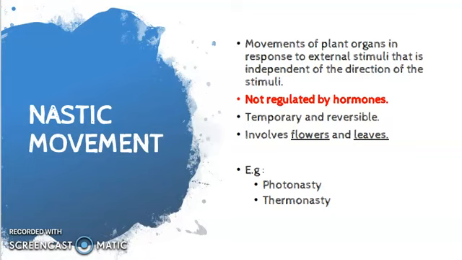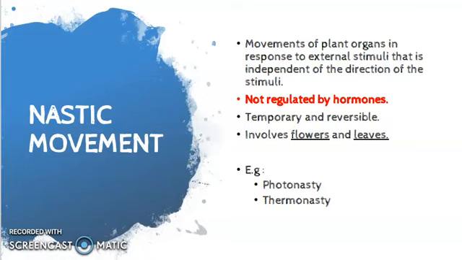In terms of its definition, it is the movement of a plant part or organ only, not the whole body of the plant, in response to an external stimulus, in which the direction of the response is not determined by the direction of the stimulus. For example, in the Mimosa pudica plant, when we touch the leaf of the plant, it folds up. Here the stimulus is touch.